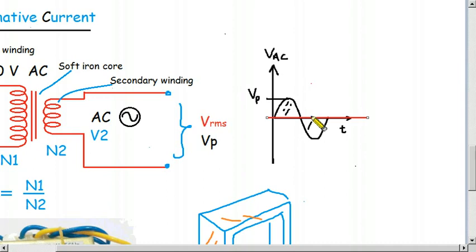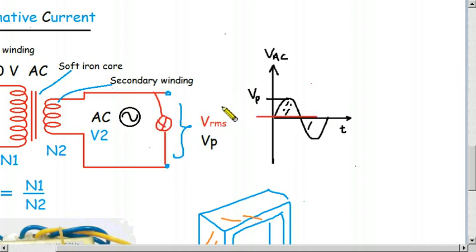But in practice the average voltage is not 0, because if the average voltage is 0, we can't use this voltage. Why? If the average voltage is 0 and we fix a bulb, then the bulb doesn't light up, because it gets no voltage.